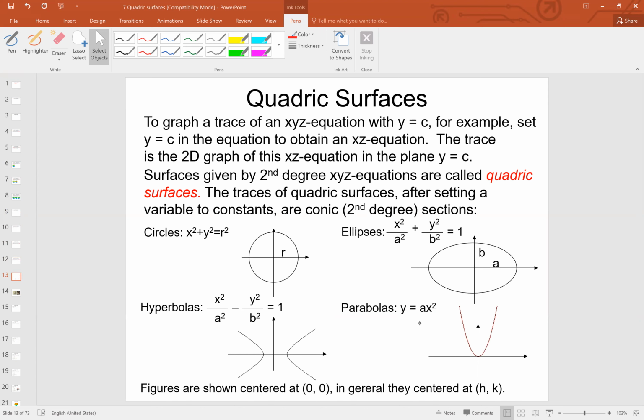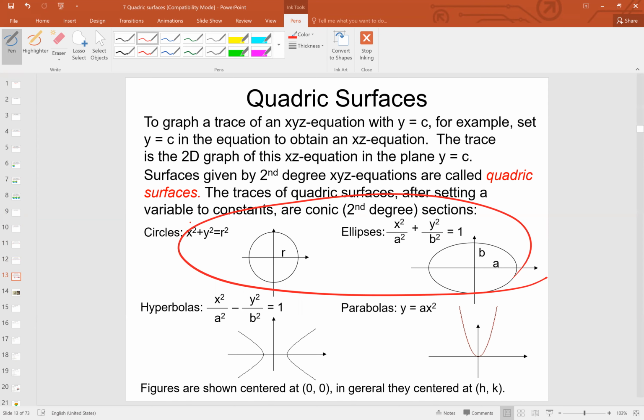Conic sections: in particular, these two are the same. The circle looks basically the same, and they are the sum of two squares equal to a constant. A single squared equation like that is a parabola. If it's a difference of two squares, then I have hyperbolas.